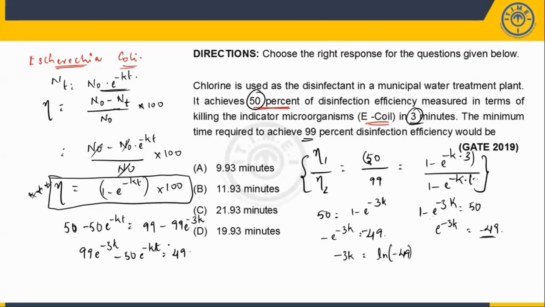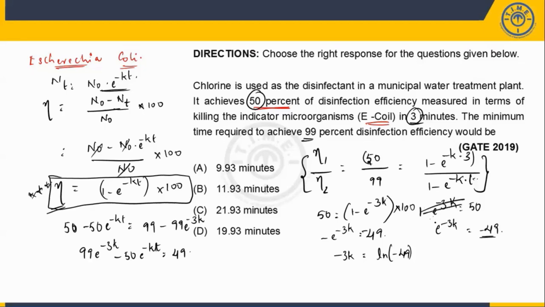Everything is perfect. 50 is equal to 1 minus e power minus 3k. If you see this equation, it is equal to 1 minus e power minus kt into 100, right? So this should become into 100.